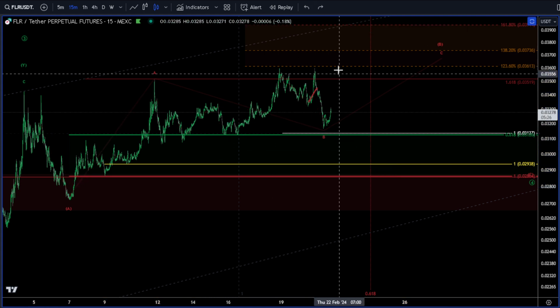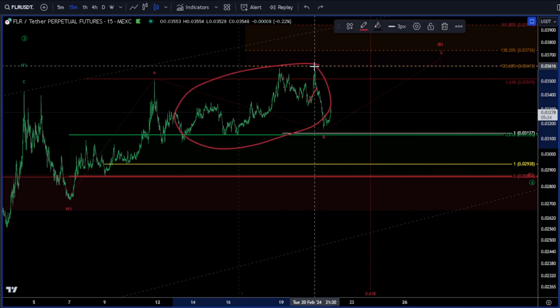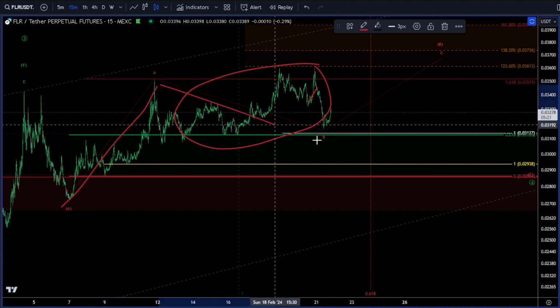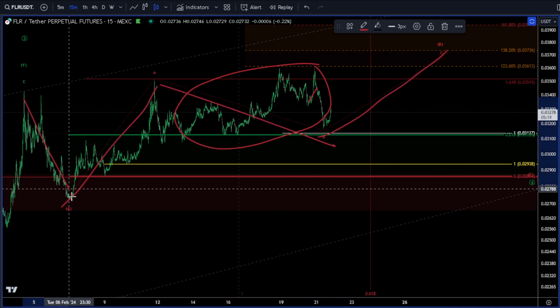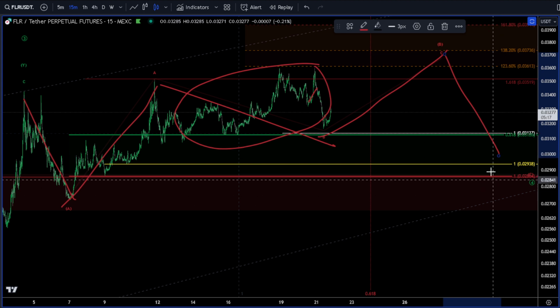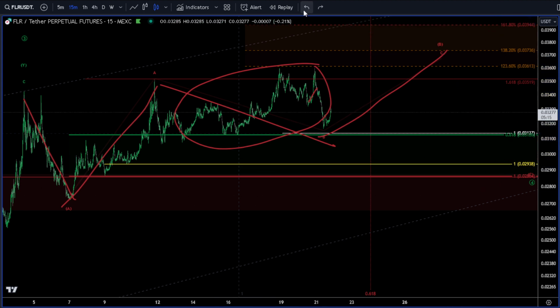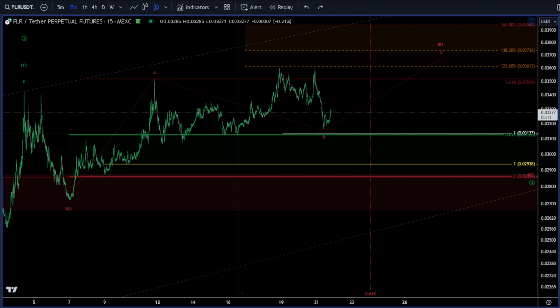We also talked about how we could be in the middle of a B wave, and this is an A, B, C. Then we get our 1-to-1, and then we go long. Now, it doesn't really change levels, but it changes how we get there, right? Which as traders is very, very important.